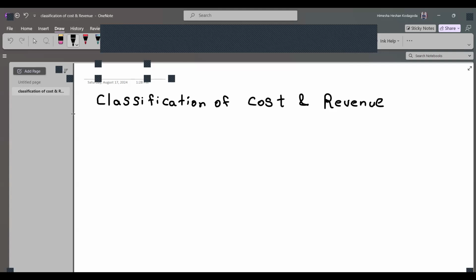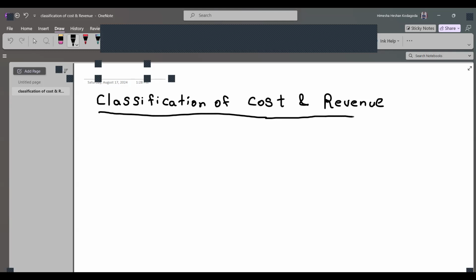Underline the main heading, classification of cost and revenue.